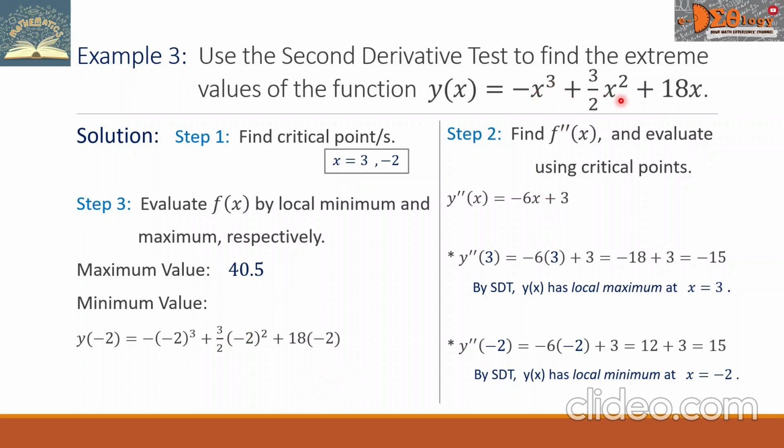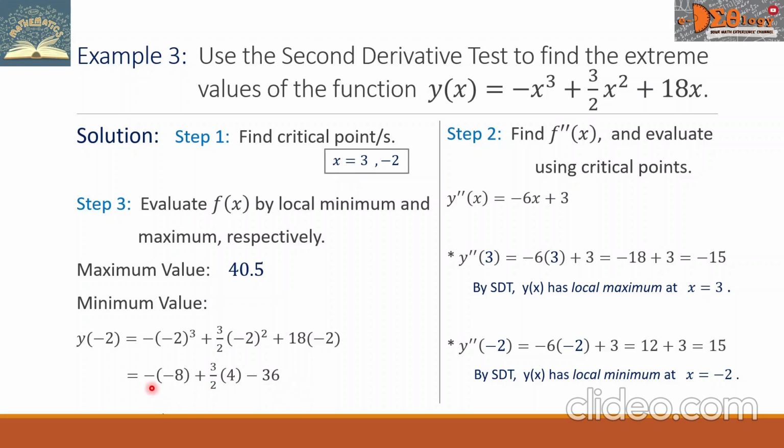We change all x by negative 2. Then we simplify. The cube of negative 2, we write here negative 8. Still the negative sign here is copied below. Then plus. The square of negative 2 is positive 4. Then the product 18 and negative 2 is negative 36.